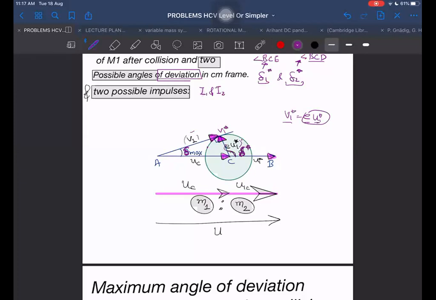What is the maximum possible angle of deviation in the ground frame? If this is a tangent, and this is a 90-degree angle here, then sine of delta max is just equal to E into U1 star by UC. So delta max is sine inverse of this.